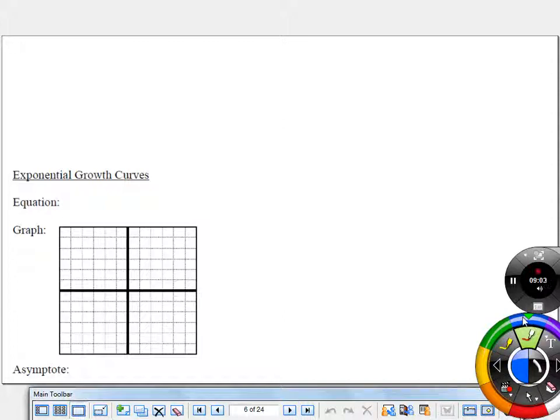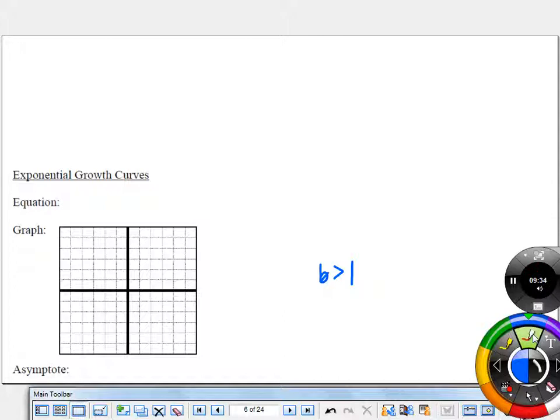The growth one happens when your base is bigger than 1. So in order for something to be growth, the base is going to be bigger than 1. You can just continue it on there and make that your note guide for the chapter. So these are exponential growth curves.